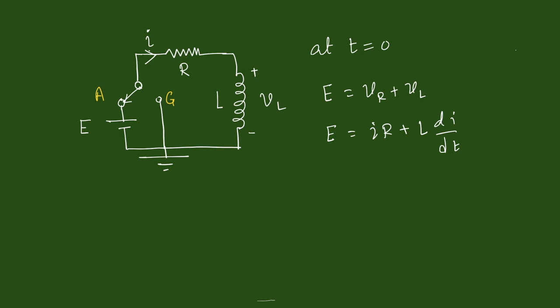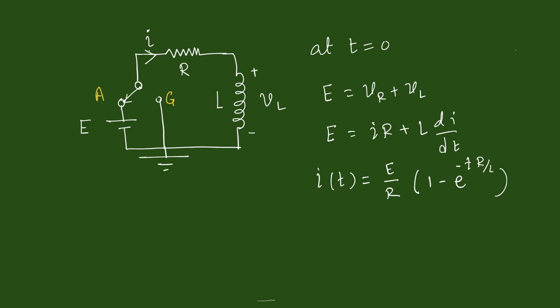Solving this equation for the current, we will get an expression for current as a function of time, and that will be equal to I as function of time is equal to E upon R into 1 minus e raised to minus t into R upon L.